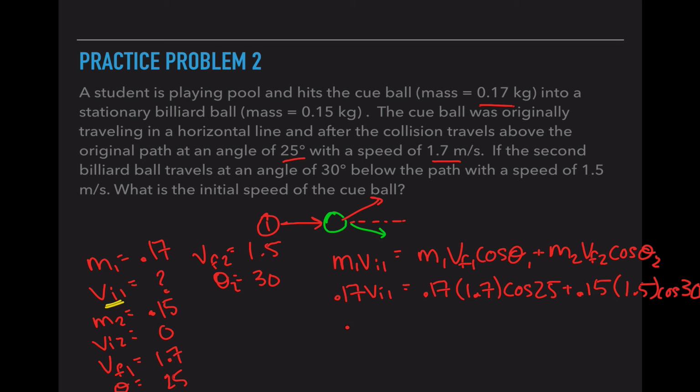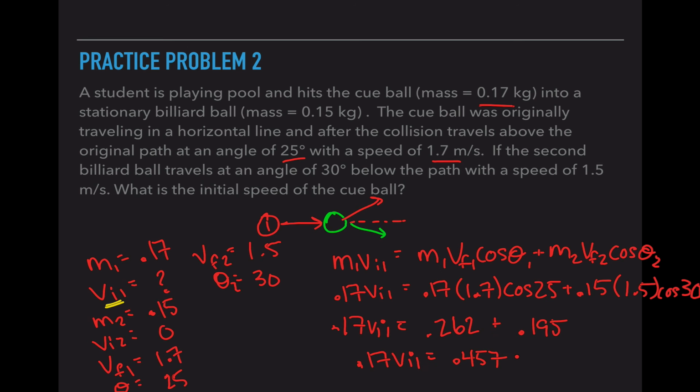So now I'm going to combine our numerical values. 0.17 times 1.7 times cosine 25 is 0.262. 0.15 times 1.5 times cosine 30 is 0.195. Add those two values up, and 0.17 vi1 equals 0.457.